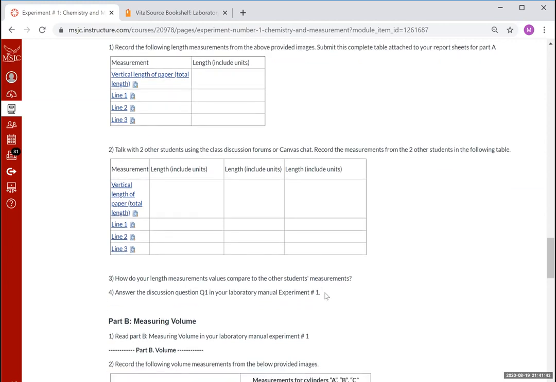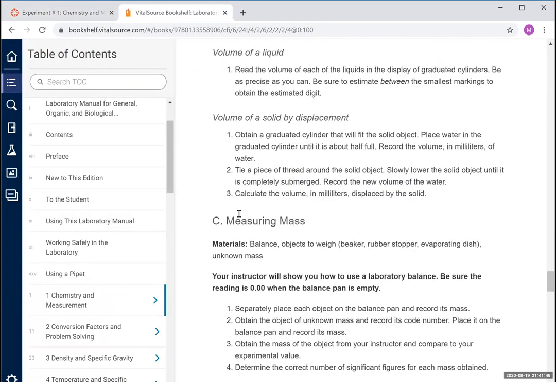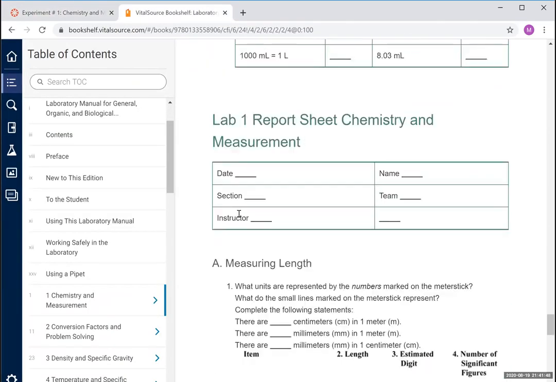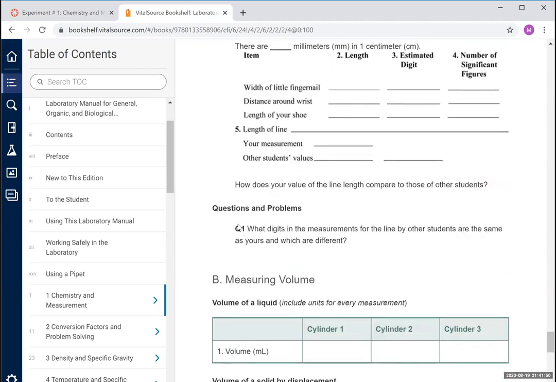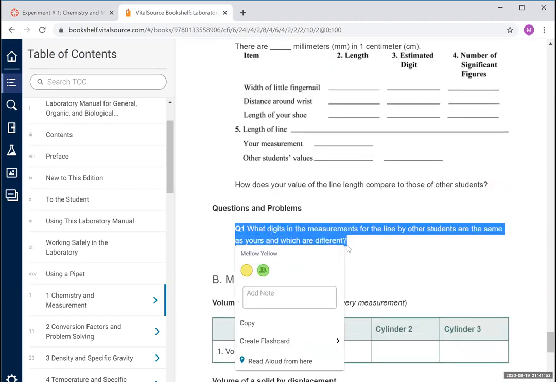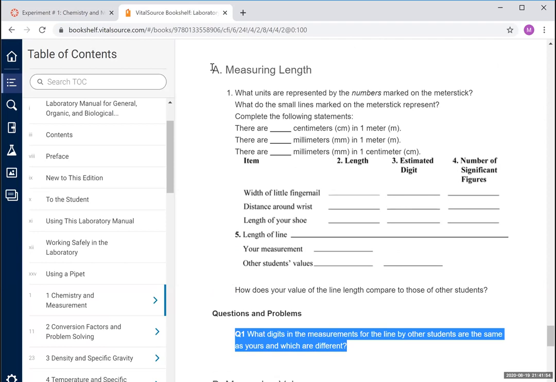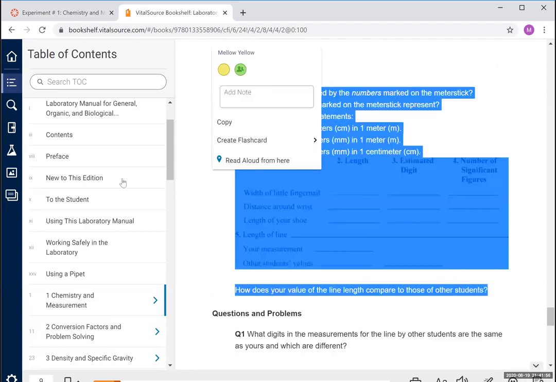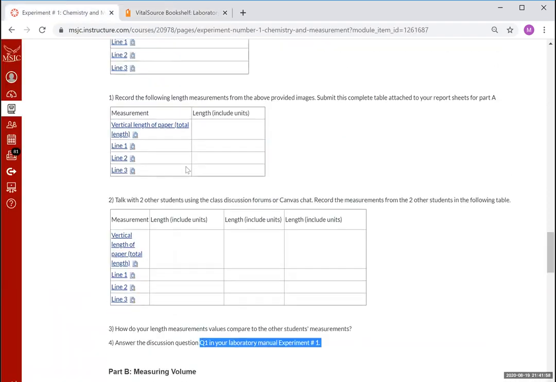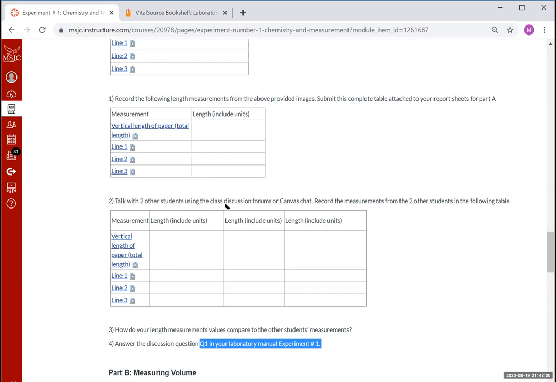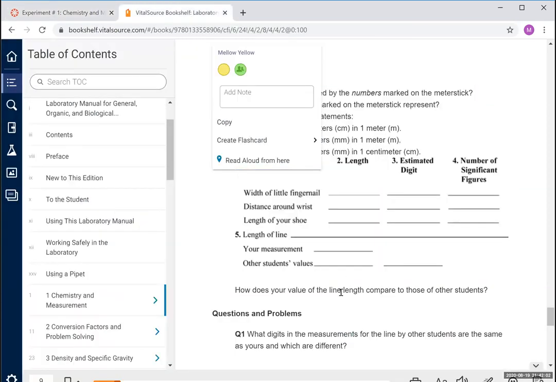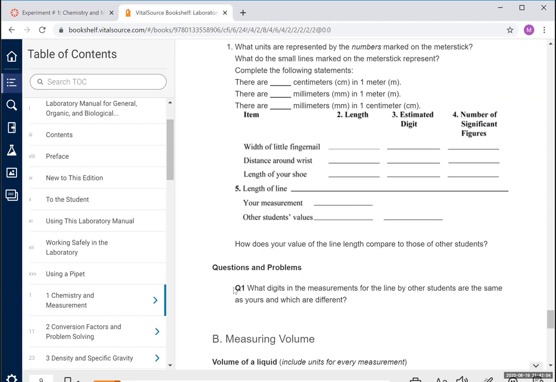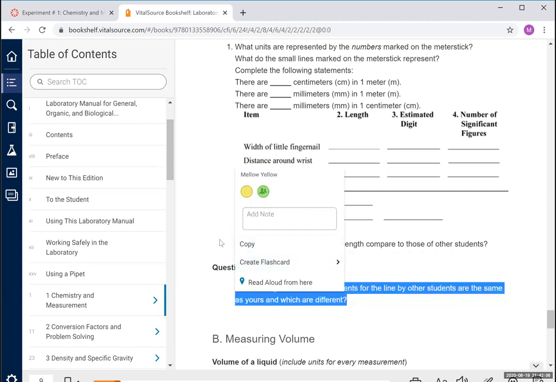Then you're going to answer discussion question 1. If you look in your lab manual, there are some pre-lab questions and also discussion questions. Instead of this part A, I've given you an alternative procedure here, and this is the table that you'd fill out. You're also going to answer these 2 questions.